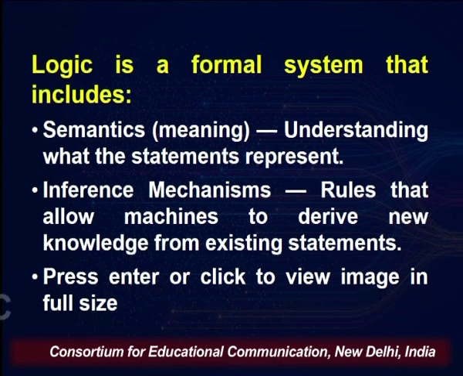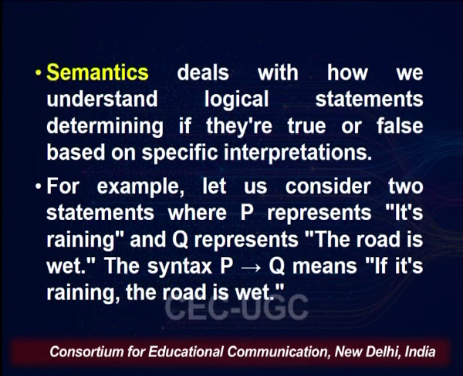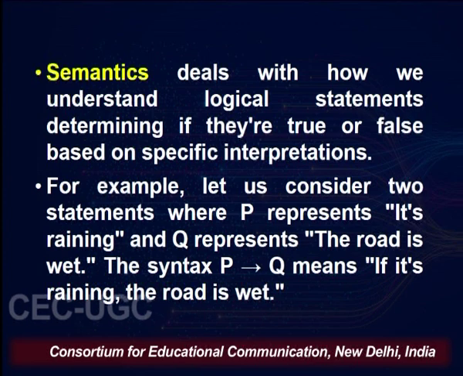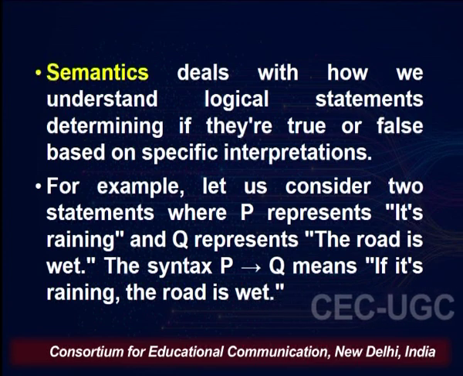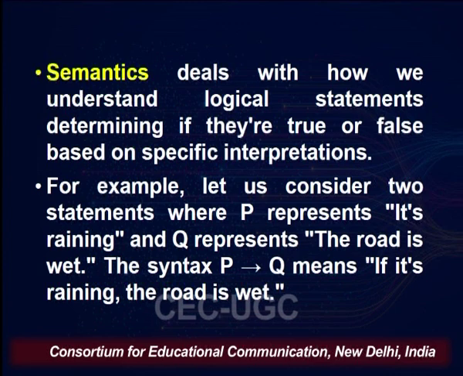Then we have the inference mechanism, which says that the rules allow machines to derive new knowledge from the existing representations. For example, let us consider two statements. The first statement is "it's raining", which we represent with the symbol P. The other statement is "the road is wet", and Q represents that the road is wet.